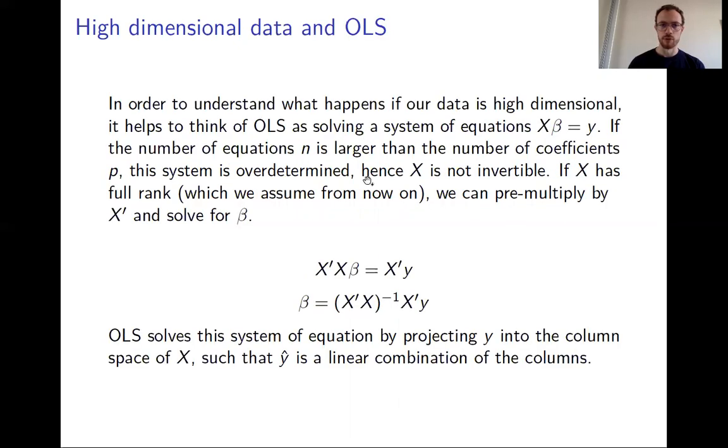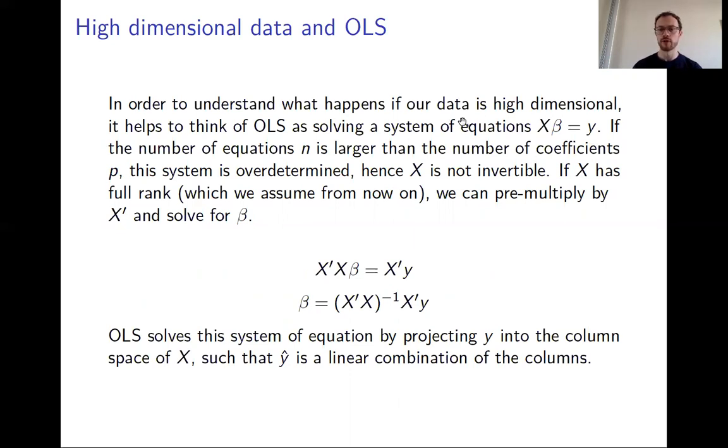So why is this a problem? Well, to understand why having many more explanatory variables than observations is a problem, it really helps to think about OLS in terms of solving a system of equations. If you remember in your linear algebra class, you probably wrote a system of equations as Ax equals b.